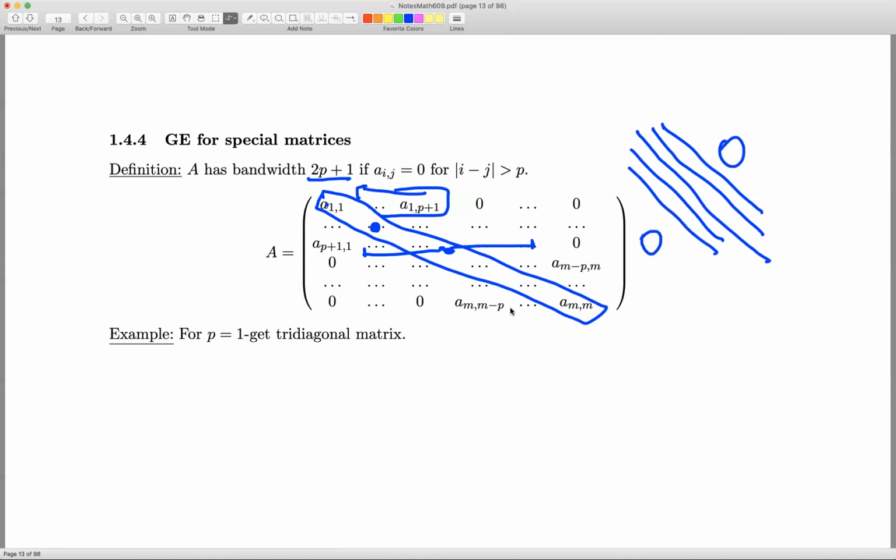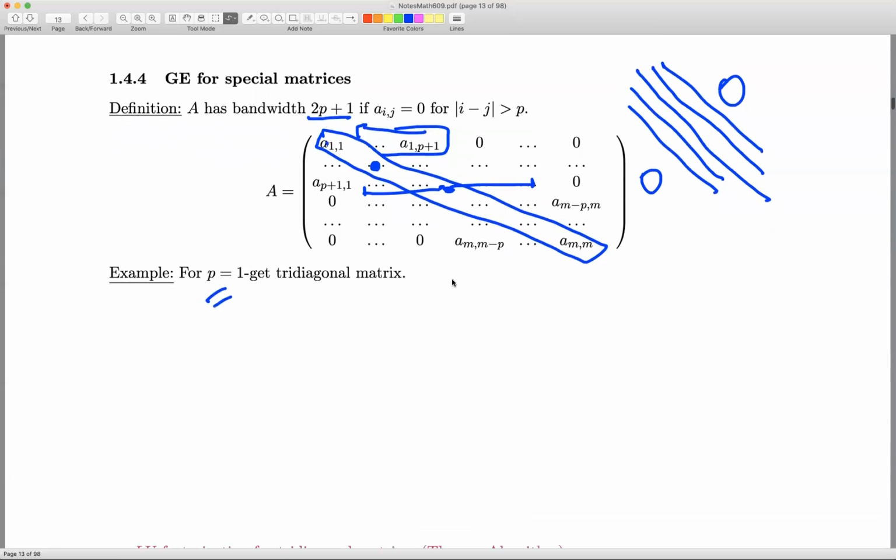And in the simplest case, when p is equal to 1, the main diagonal may not be 0, and neither may the diagonal above and the diagonal below it, because from the main diagonal you stay on the same row and go one position to the left and one to the right.